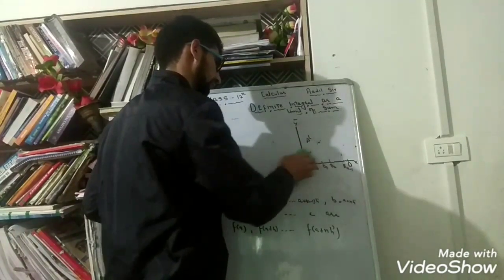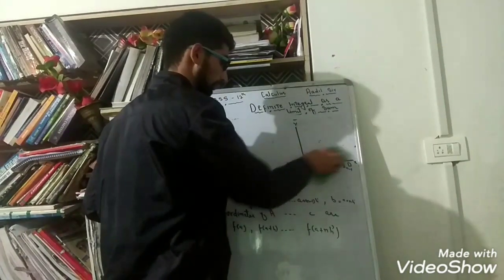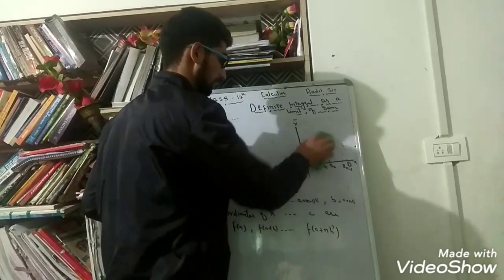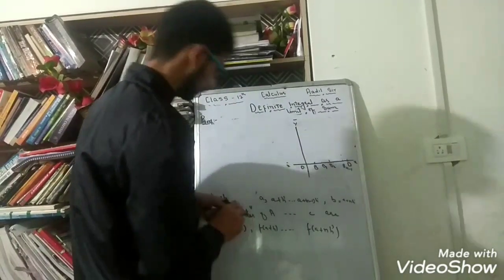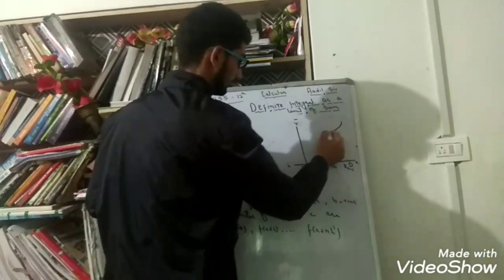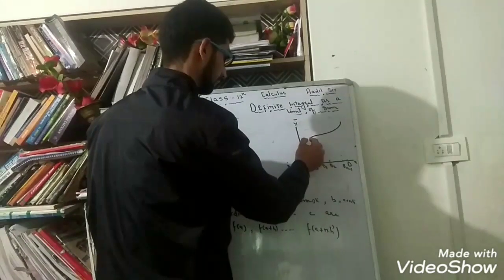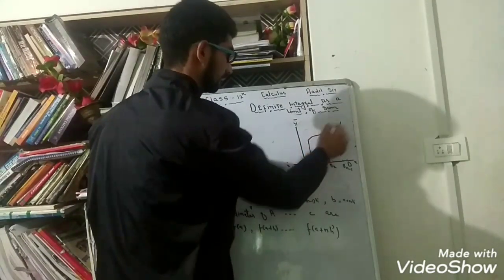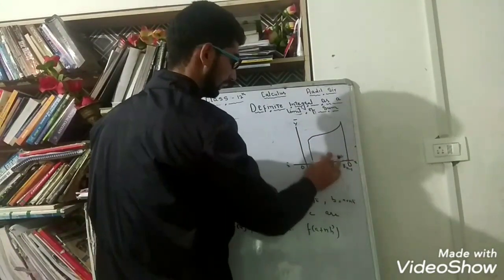So first I have a curve, that is this, and then I have x is equal to A, and x is equal to B.